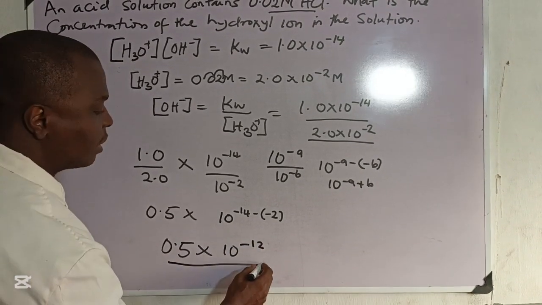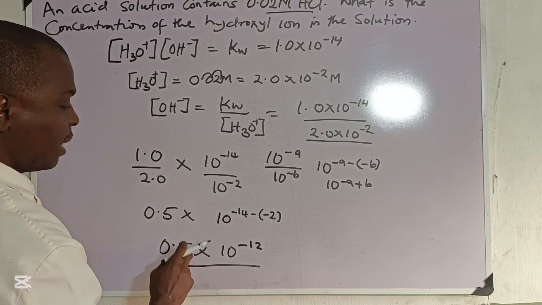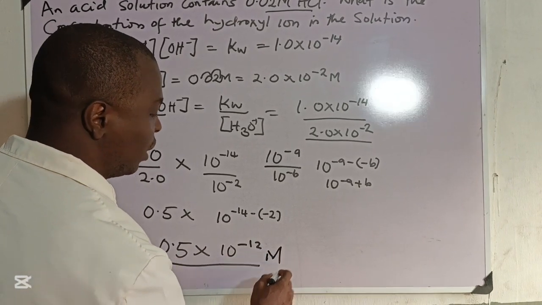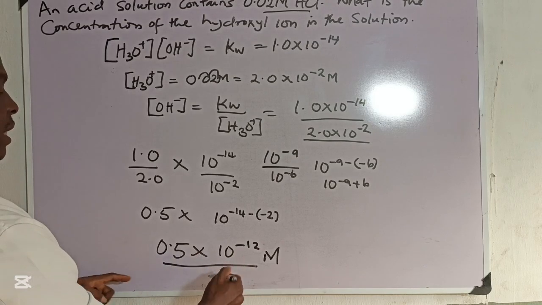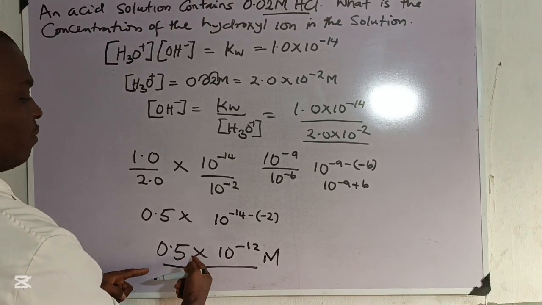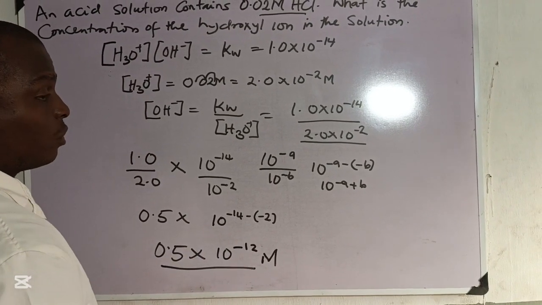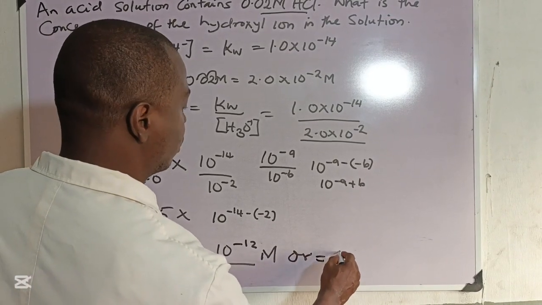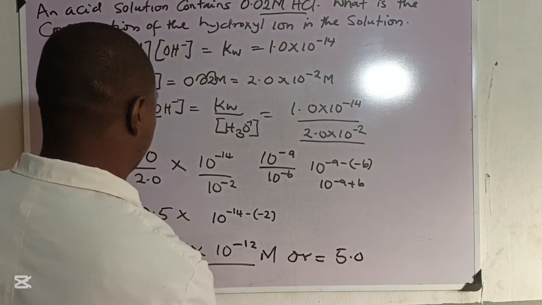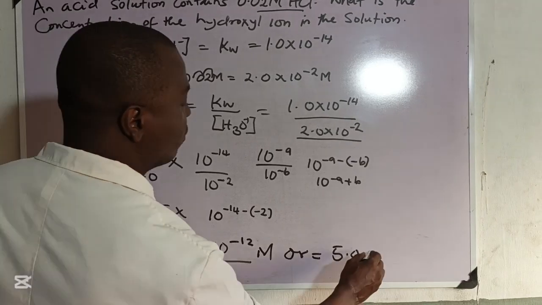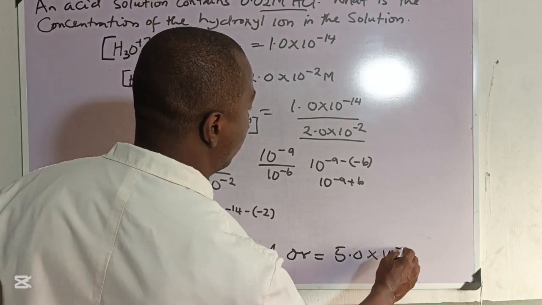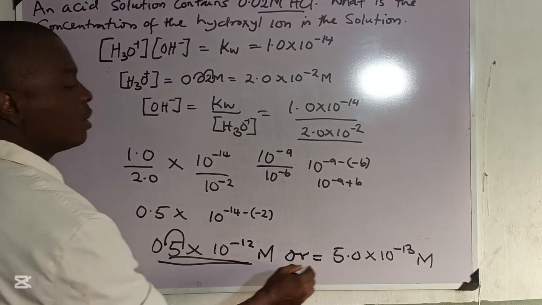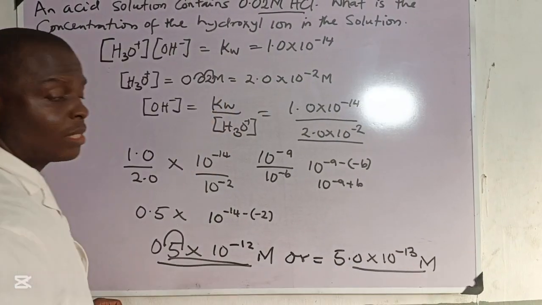So this becomes the answer, but we will always remember that anytime we do any calculation, we put the units. So this can be written as 0.5 times 10 raised to power minus 12, or we can approximate this by bringing it one step further, 5.0 times 10 raised to power minus 13 moles. So the answer can either be this or it can be this.